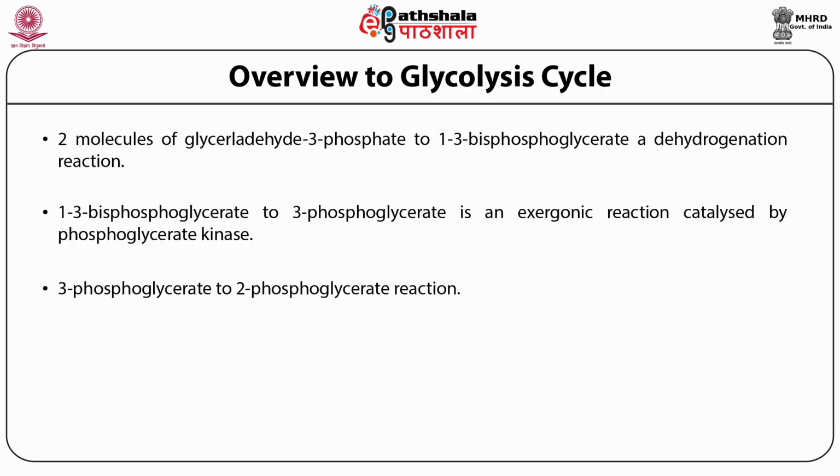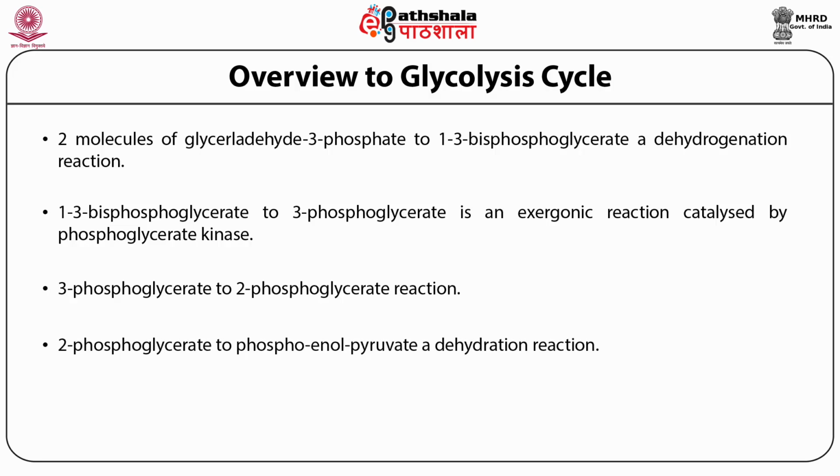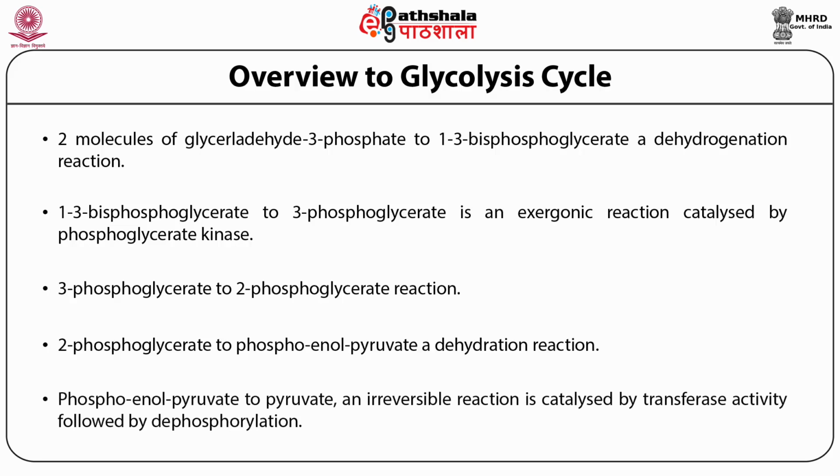The reaction is an isomerization reaction and is catalyzed by phosphoglycerate mutase. 2-phosphoglycerate to phosphoenolpyruvate is a dehydration reaction catalyzed by enolase. Phosphoenolpyruvate to pyruvate is an irreversible reaction which is catalyzed by pyruvate kinase, involving transfer of the phosphate followed by dephosphorylation.